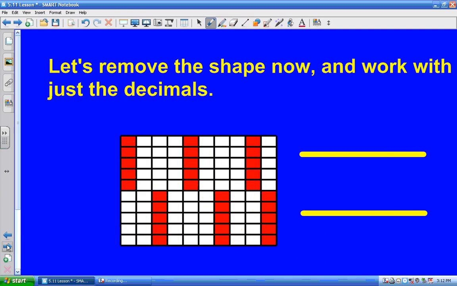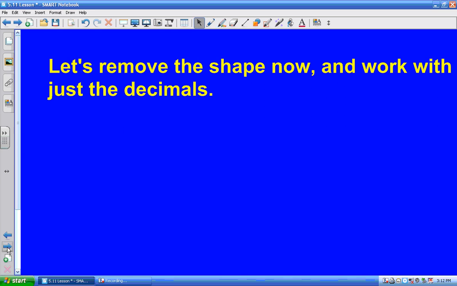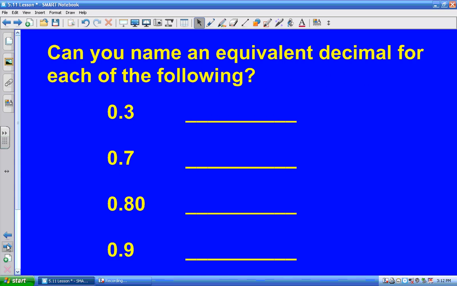All right. Let's remove the shape now and work with just the decimals. Now I've got 0.3. What is that? Equivalent decimal for 0.3. Tiffany.